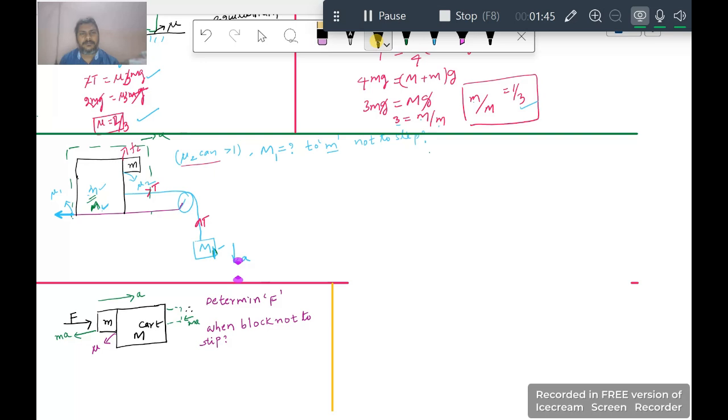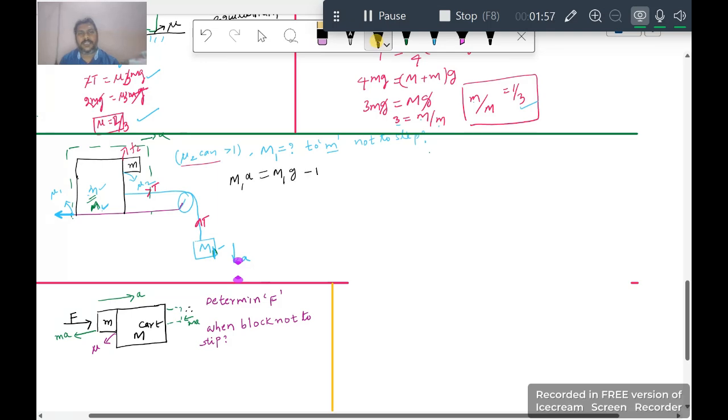Write the free body diagram. First I will write for this one: m1 into a is equal to m1 into g minus T. So this is the free body diagram for m1, FBD for m1. Similarly for this one, free body diagram: M plus small m into a, in the rightward direction, is equal to T minus mu into M plus m into g.